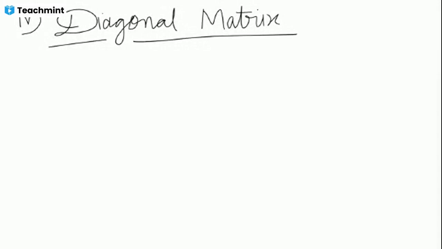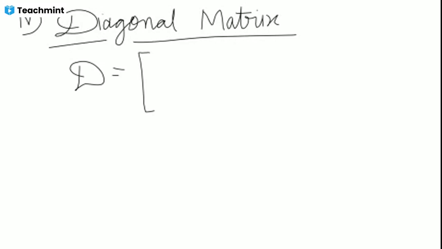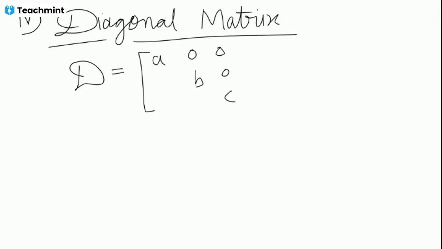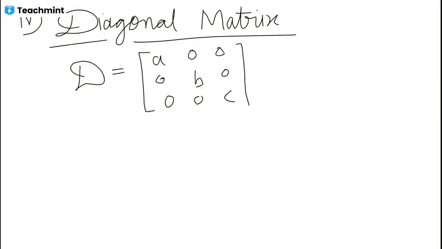So let us understand, we have diagonal matrix B equal to, this is also a square matrix. Diagonal matrix is also a square matrix. So the diagonal elements are A, B, C, and the others are 0, 0. This is the diagonal, so the diagonal elements are non-zero in a diagonal matrix and all other elements are 0.